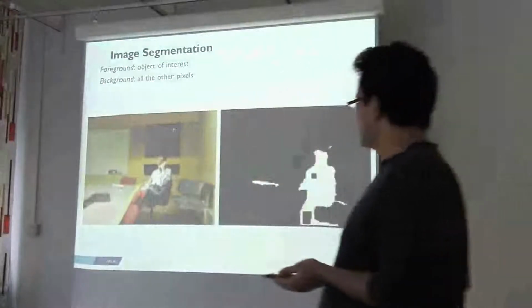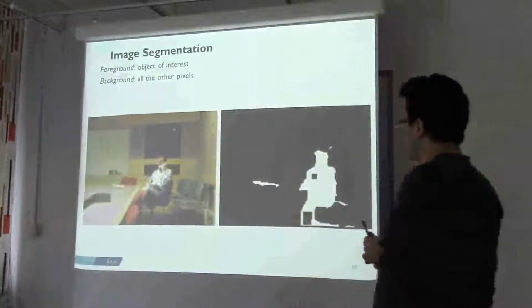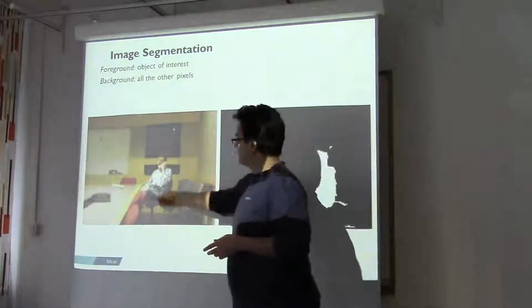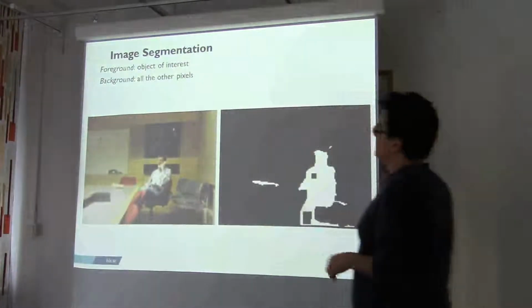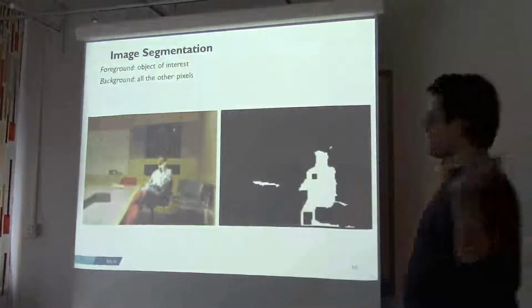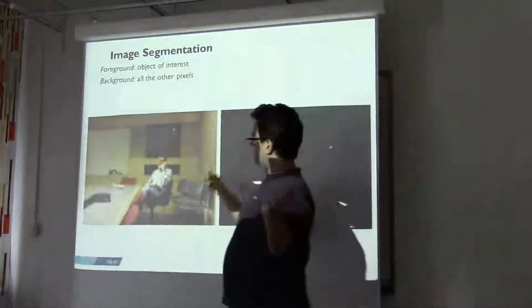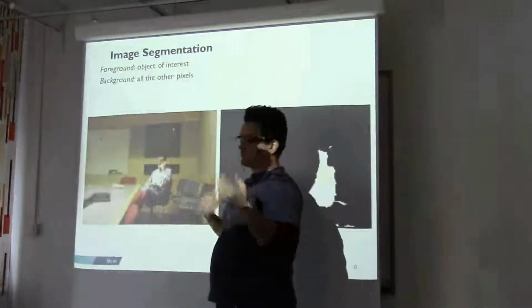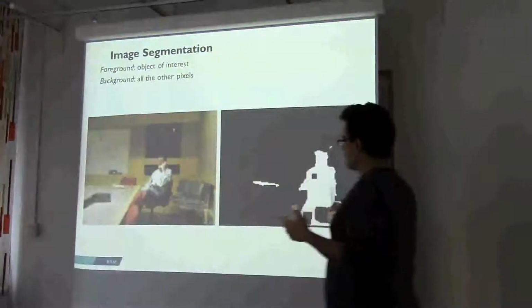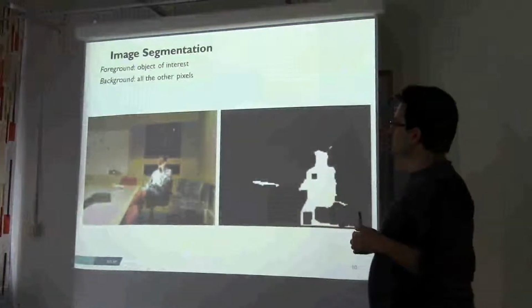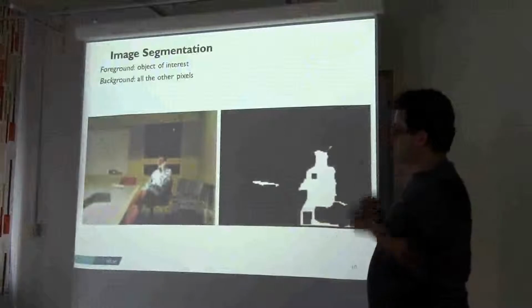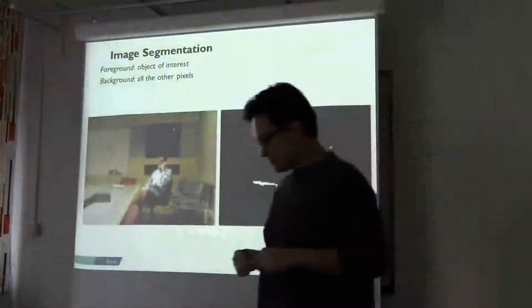In other cases, we are only interested in specific regions of interest, and the rest of the image for us is background, not of interest. But we need to define the properties of our region of interest, so then we are able to find this region, and the rest of the image is background.